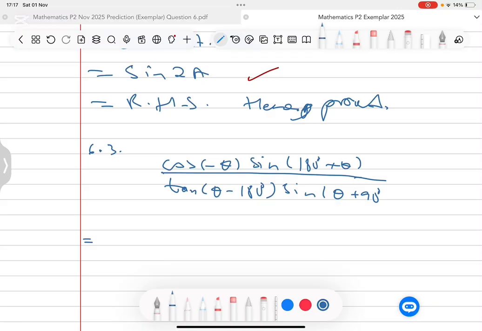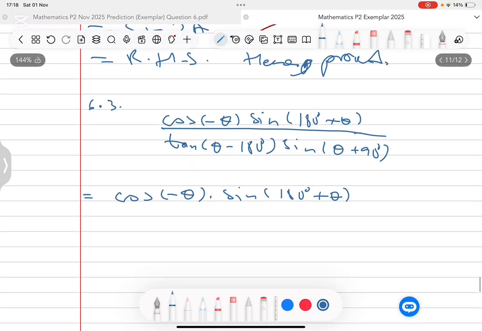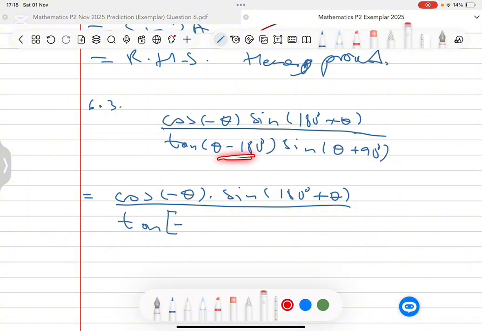Now the first thing that I'm going to do really here is that I'm going to fix these angles so that they sit properly the way I can relate to them in my mind. So I'm going to just keep the numerator as it is for now, and really start writing this as I'm going to take out the common factor here, so that it sits as a reduction formula that I can relate to.